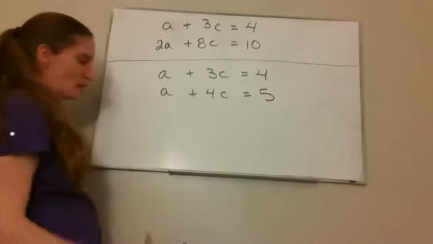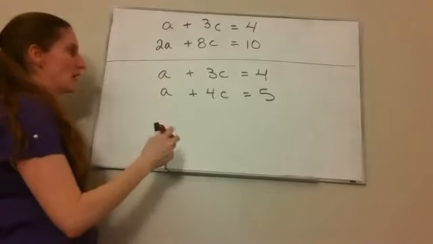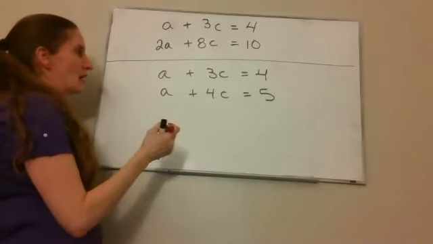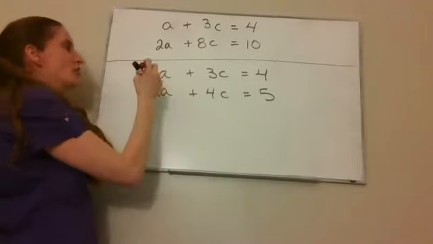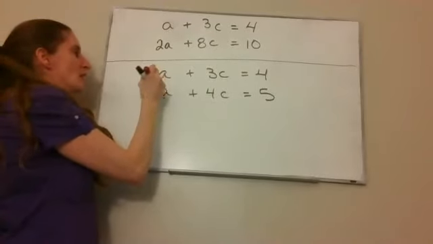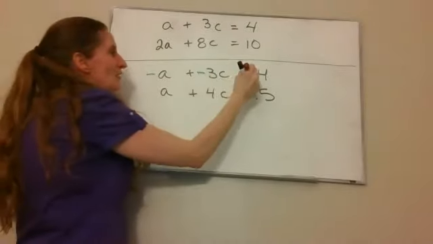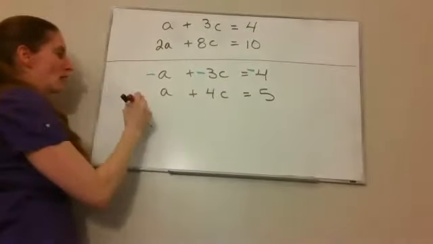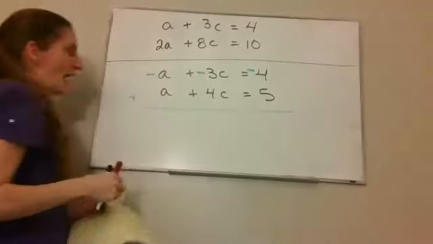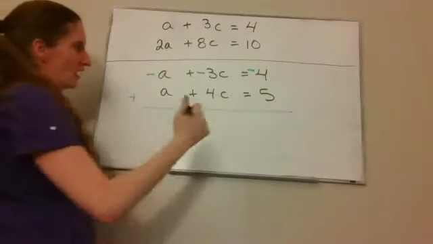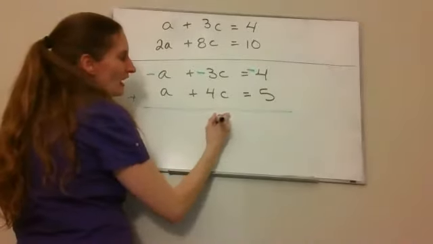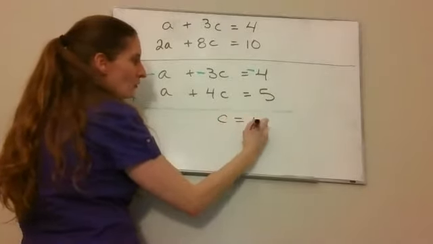And now let's solve it by elimination. I am going to multiply the top equation by negative 1. That would make this negative A, negative 3C, and negative 4. Now when I add those equations together, the A's go away, and I have C equals 1.